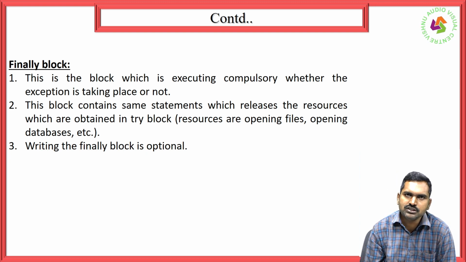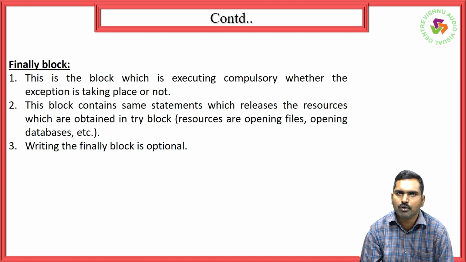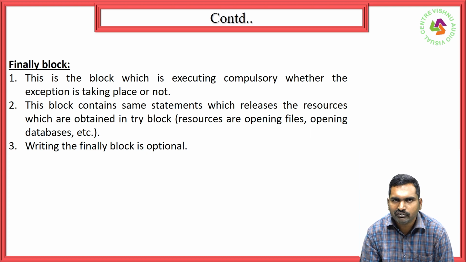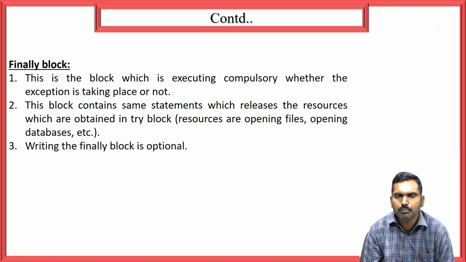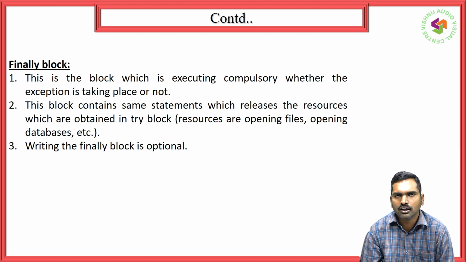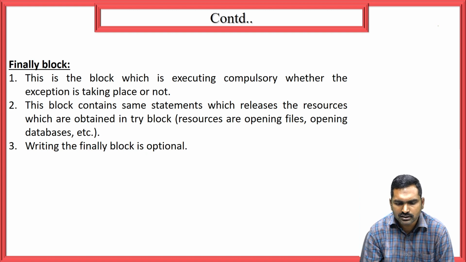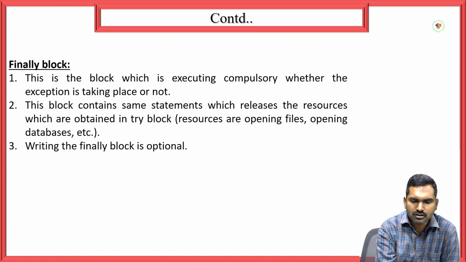For that purpose, we need to release such resources in the finally block only. Why? Because the finally block will be executed without depending on either the try block or the catch block. The finally block is optional.